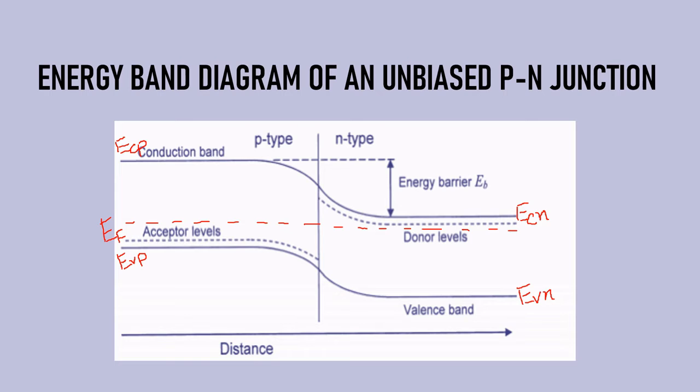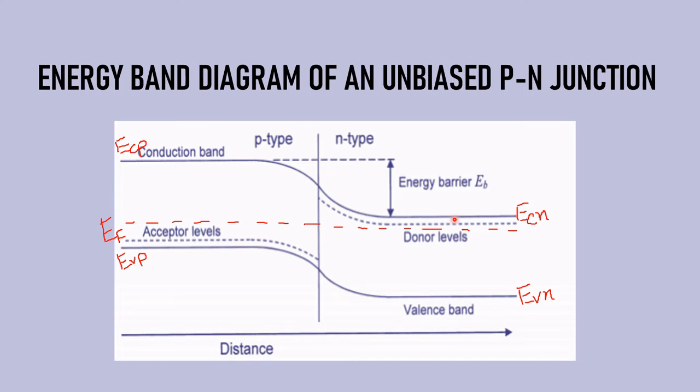Under equilibrium condition, the Fermi energy attains a constant value. It lies near the valence band edge for P-type semiconductor and near the conduction band edge for N-type semiconductor. So throughout the system the Fermi level is constant.